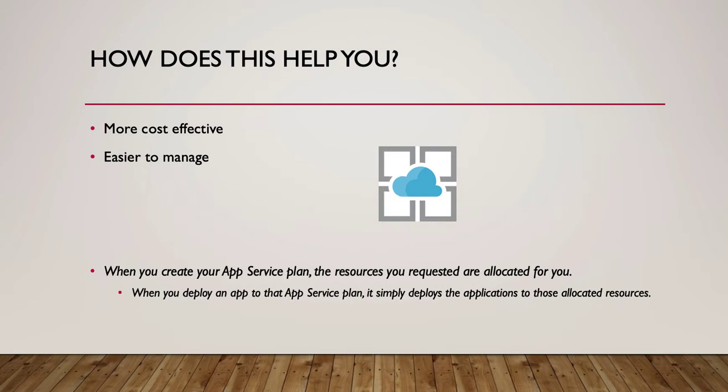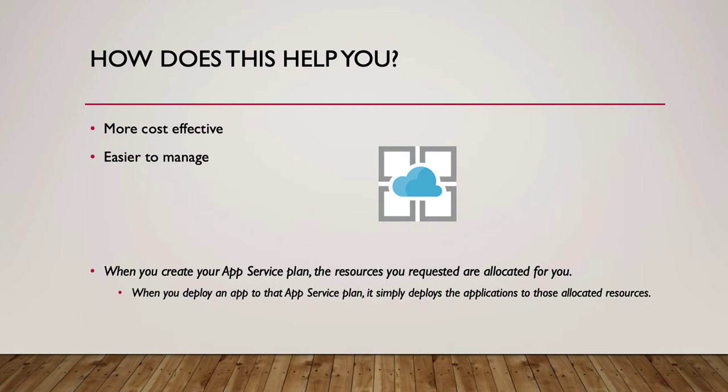You can deploy and update each application as needed, so you don't have to update them all at the same time. When you create your app service plan, the resources you requested are allocated for you. When you deploy an app to that app service plan, it simply deploys the applications to those allocated resources. So as you can see, it is very, very effective.